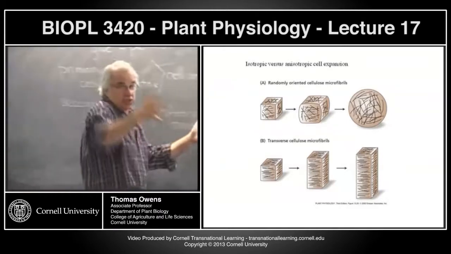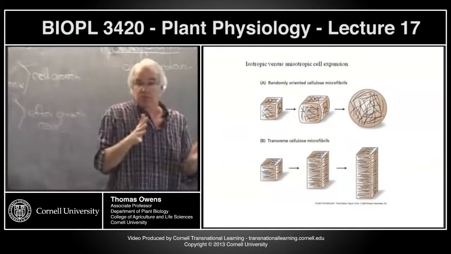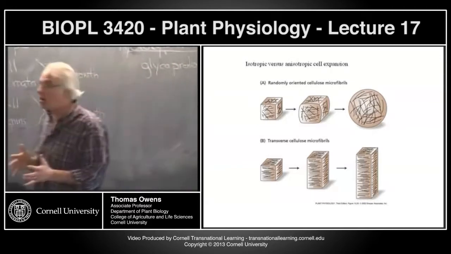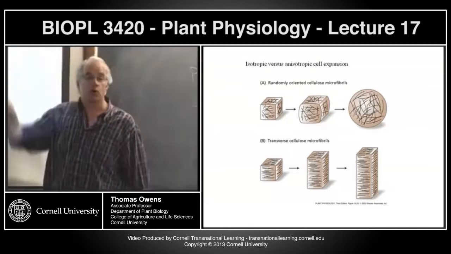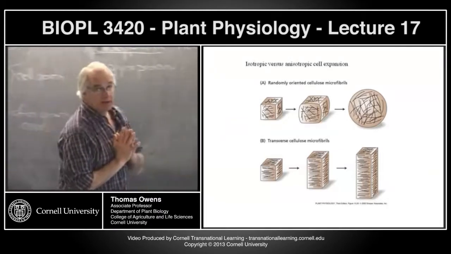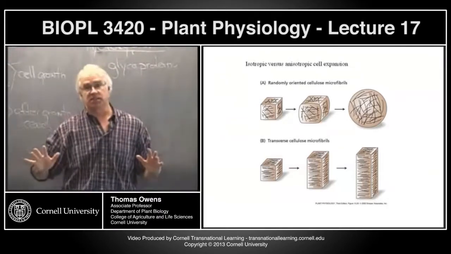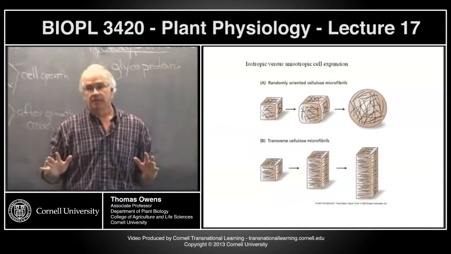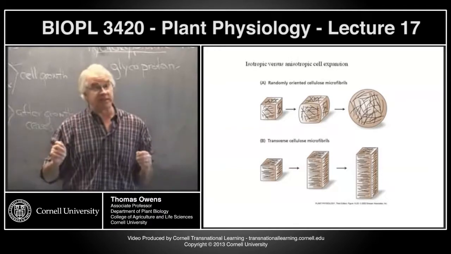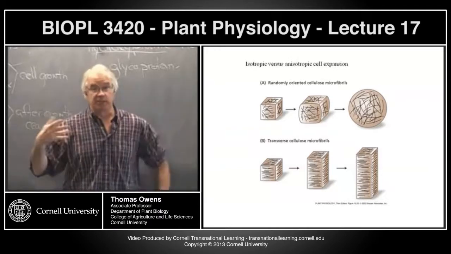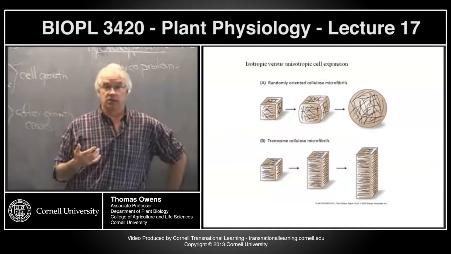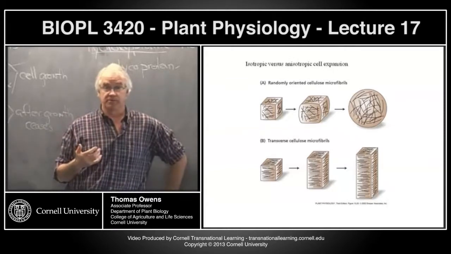Because you just told me the cell should be able to expand more that way because the interactions in the cell wall aren't as strong in the direction that's perpendicular to the direction of the microfibrils. Okay? So in the simplest sense, the expansion of a cell due to increased internal pressure we would expect to be in a direction that is perpendicular to the cellulose microfibrils.